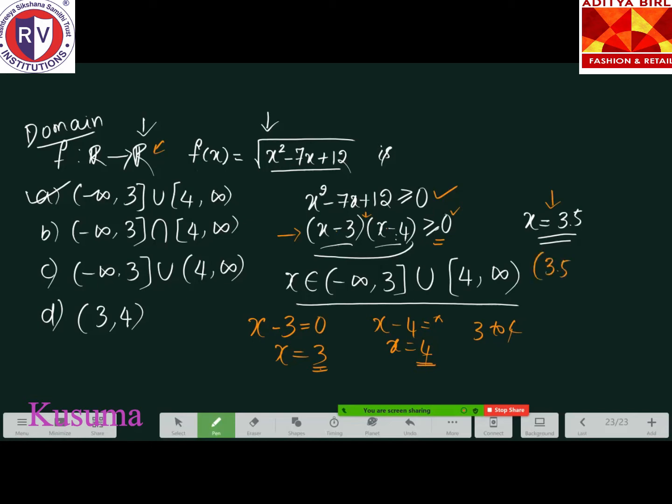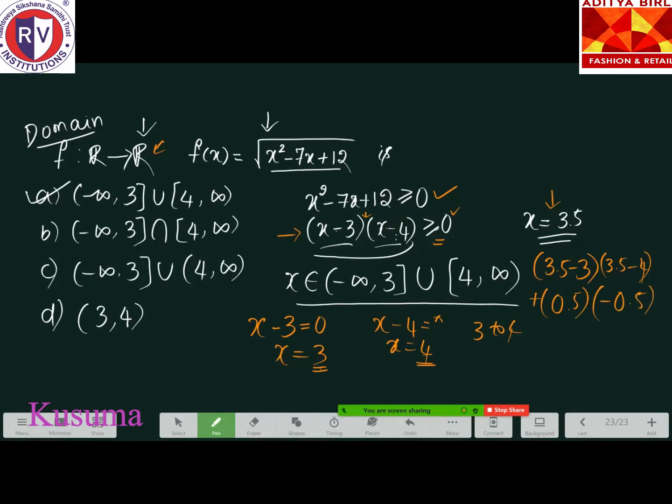It will be (3.5 minus 3) into (3.5 minus 4). So 3.5 minus 3 will be 0.5, a positive value. But 3.5 minus 4 will be a negative value, that is minus 0.5.